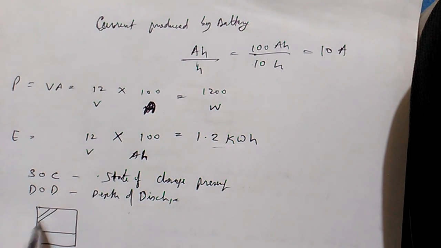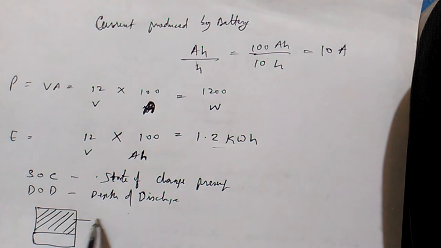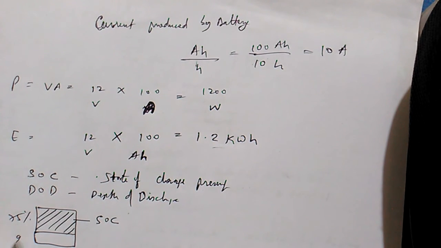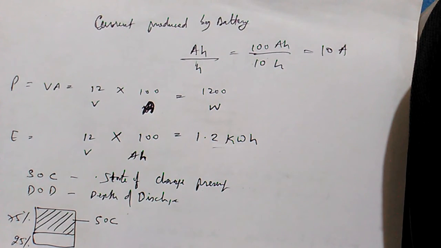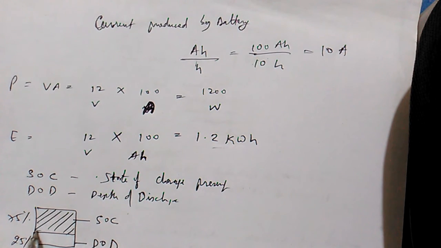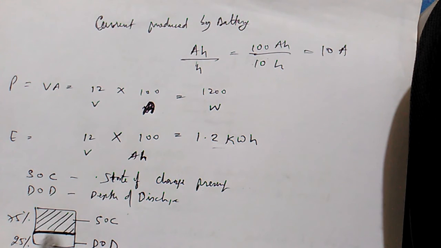Suppose this shaded area is the state of charge, meaning it is 75% charge and 25% is the depth of discharge, meaning up to this point you can discharge the battery, and state of charge is 75%.